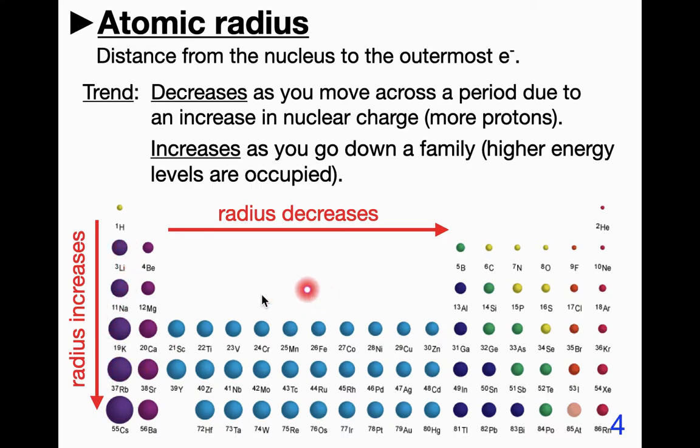Ultimately, like I said earlier, all you need to know is the general trend. If I was to ask you which atom is bigger, lithium or beryllium, well, lithium would be bigger, because the atomic radius decreases as we go across. If I was to ask you to compare lithium and sodium, sodium would be bigger because the atomic radius increases as you go down.